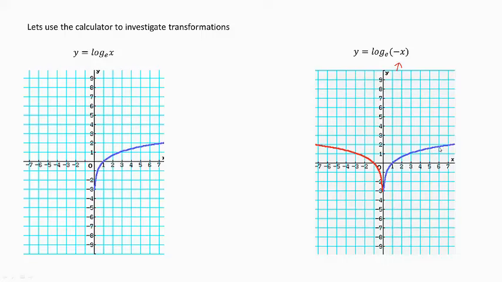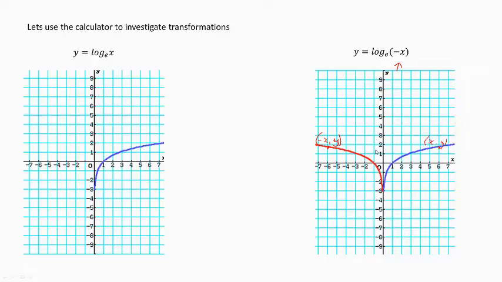So this point here, x and y, is going to become this point over here, which is negative x and y. And you can see the y-axis here is the line of symmetry.